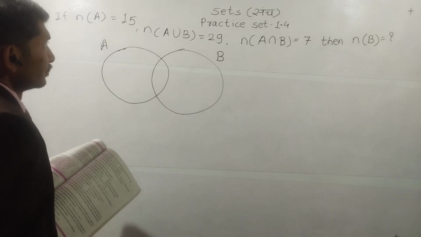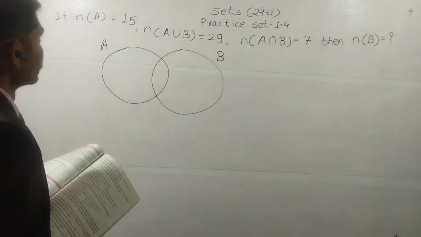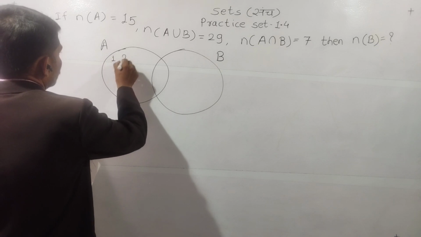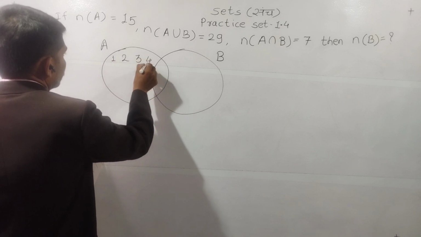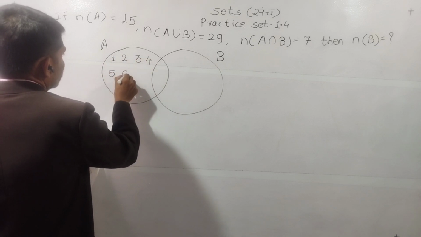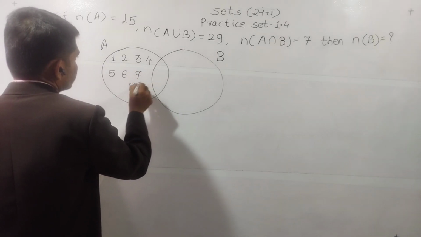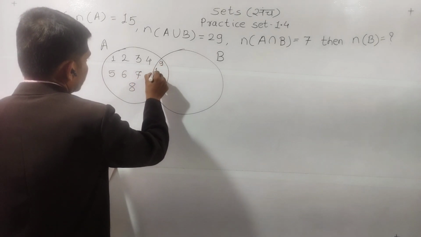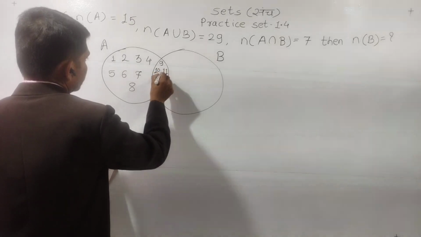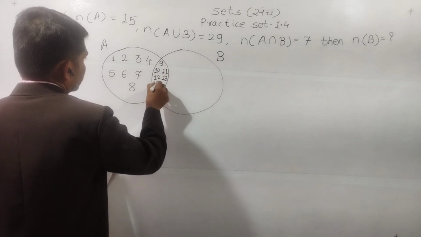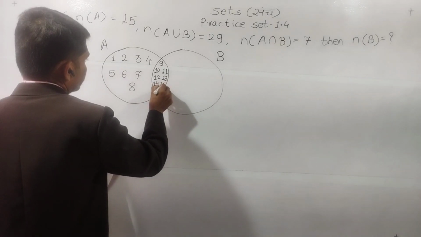Okay, so we have to write here total elements from A. Suppose 1, 2, 3, 4, 5, 6, 7 and 8, 9, 10, 11, 12, 13, 14 and 15.